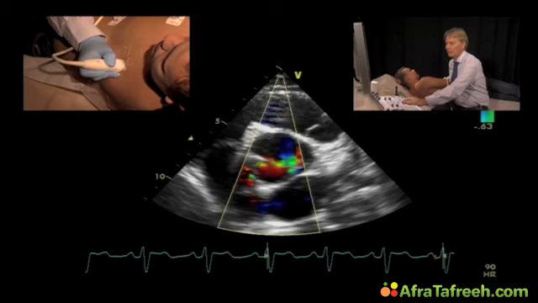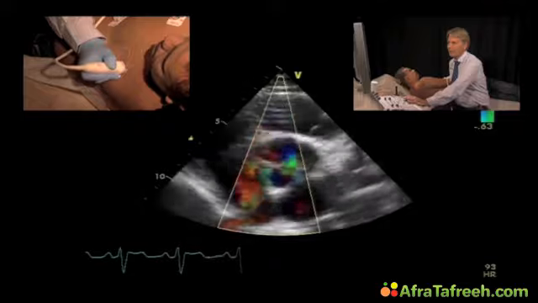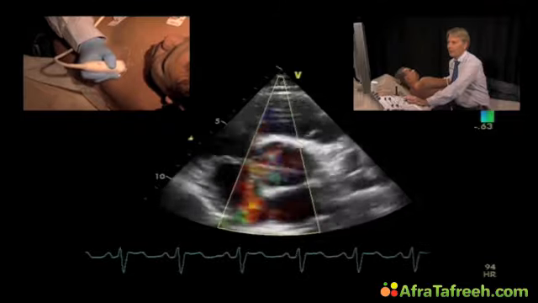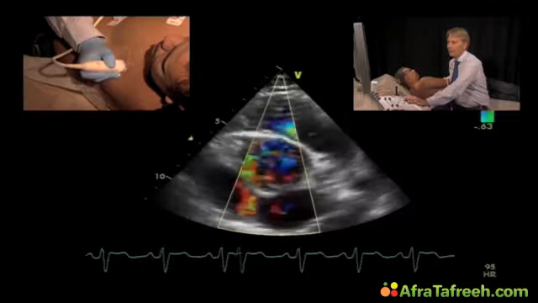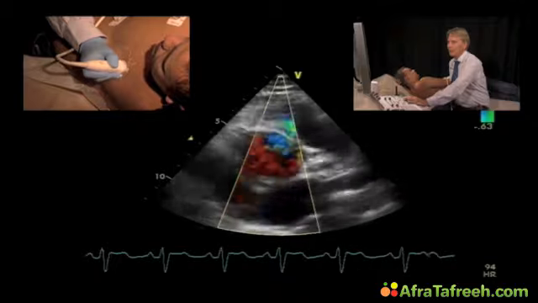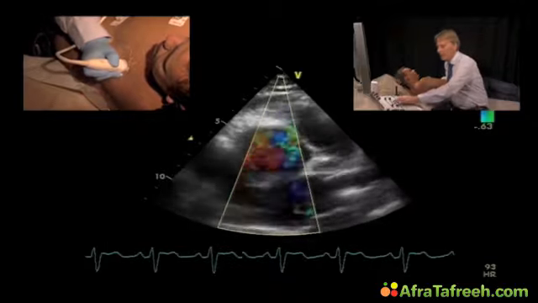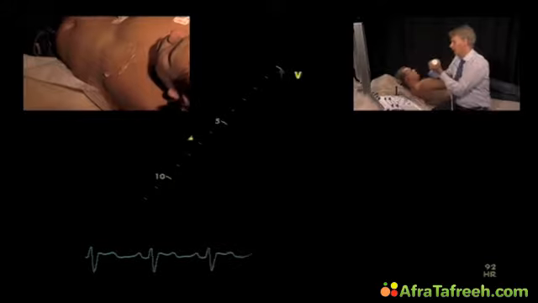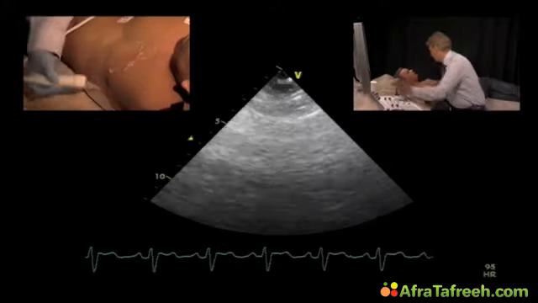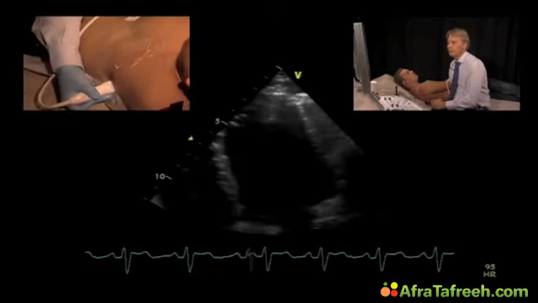And so this is the region of the jet. In this case, it's probably very difficult to say how large the regurgitant orifice is because the jet is so eccentric. Then we'll go to the apical views and start with the 5-chamber view.